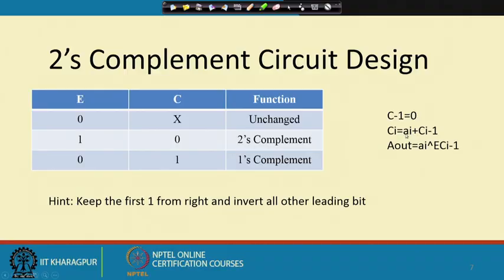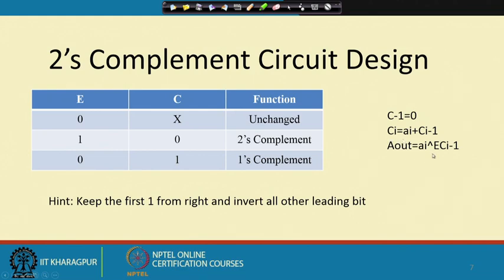For the carry, I can calculate it using this equation, which is A I plus C I minus 1, the previous stage carry output, that will be ORed with the corresponding input, and you will get the corresponding carry out for that particular stage.